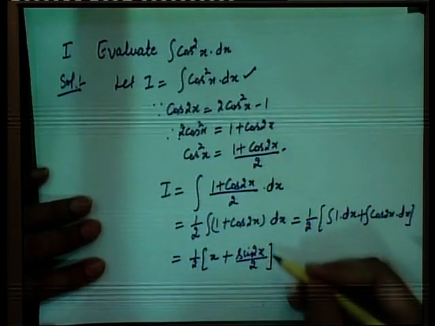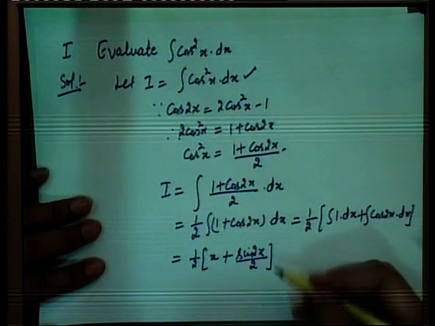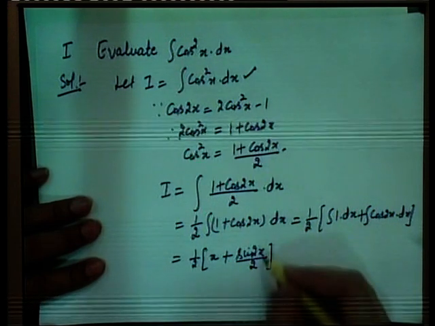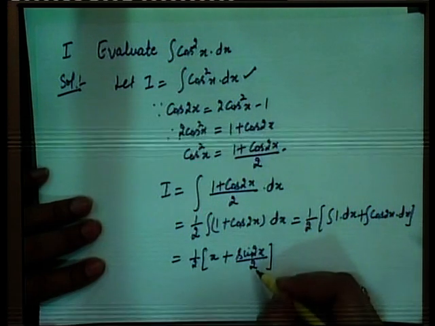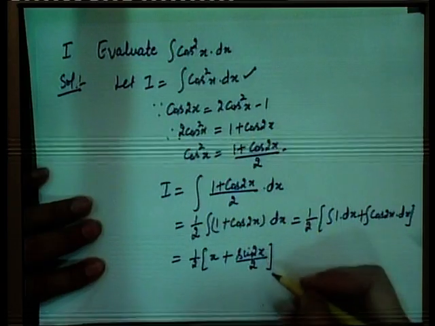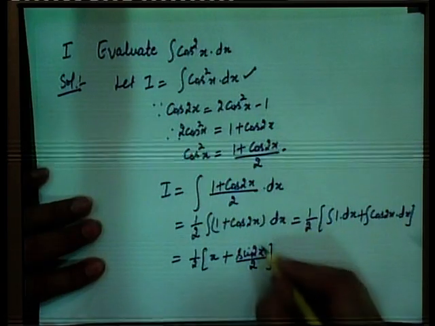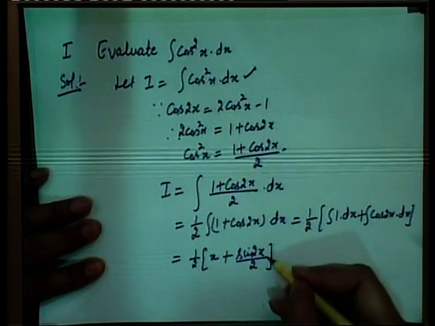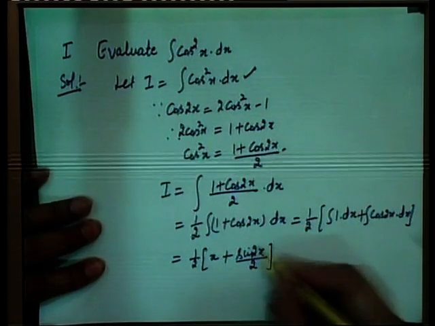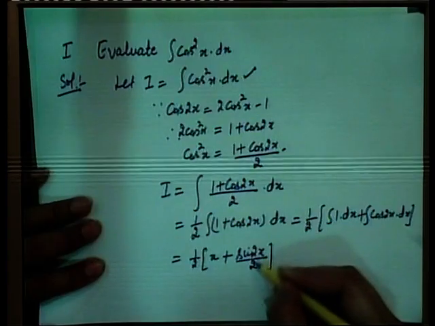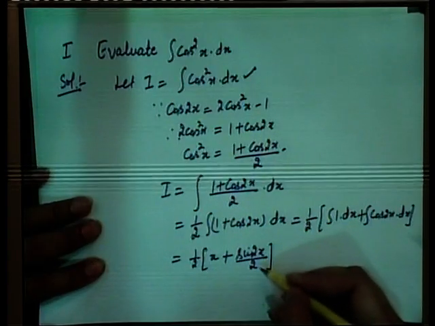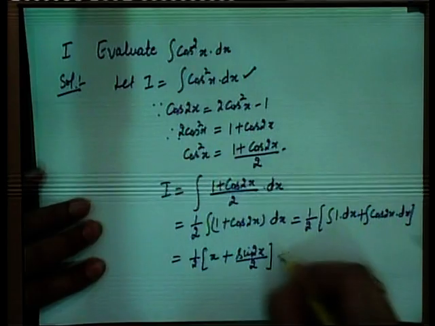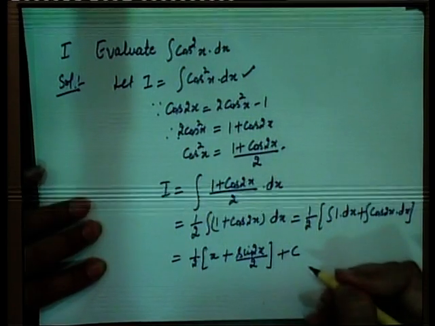Since integration is the inverse of differentiation, we divide the function by the derivative of the angle. In this, the angle was 2x, constant into variable, so the derivative is the constant term, that is 2, and we have divided the function by that term, plus c, where c is the constant of integration.